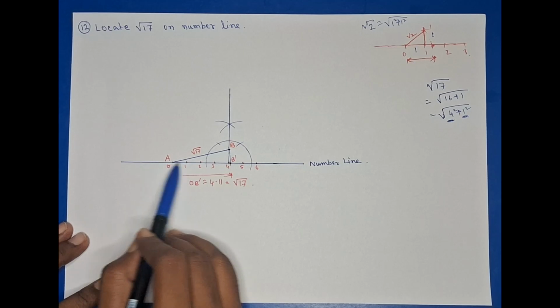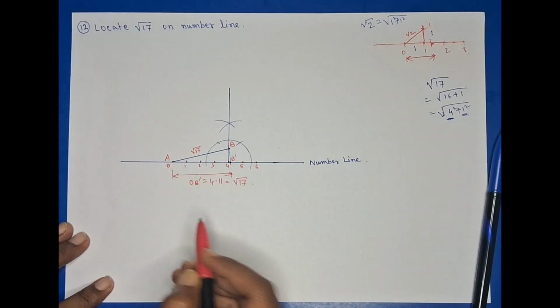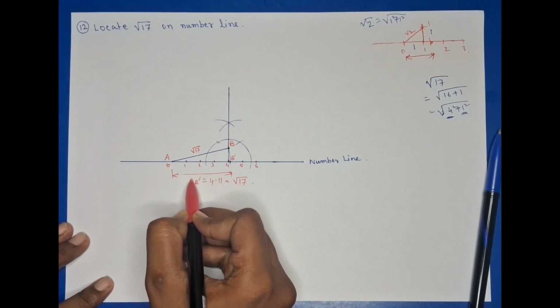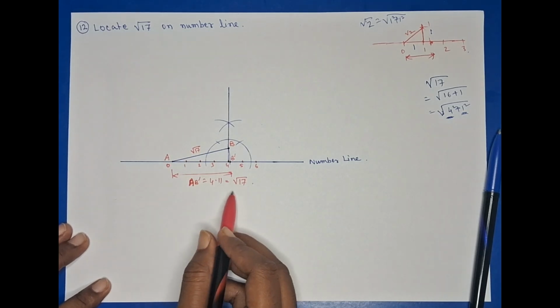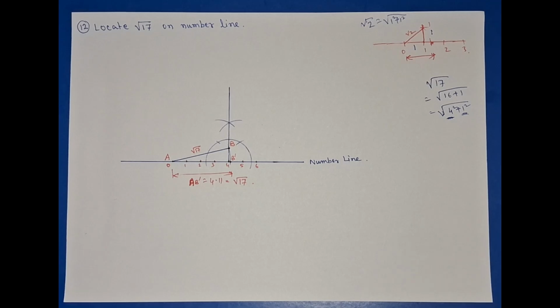And now this AB dash, or OB dash, this is point A, this is not O, this is 0. So this AB dash is equal to square root of 17. Okay, a little bit lengthy but not difficult.